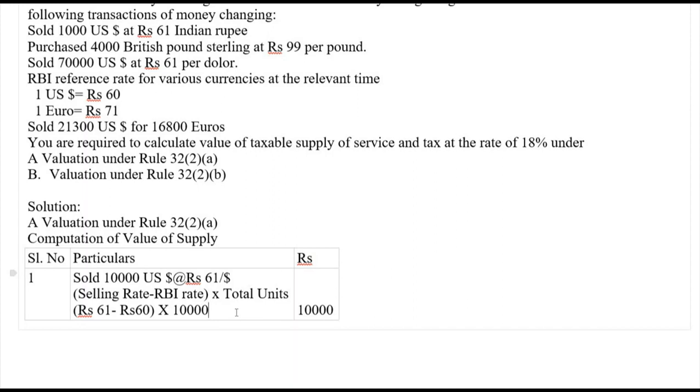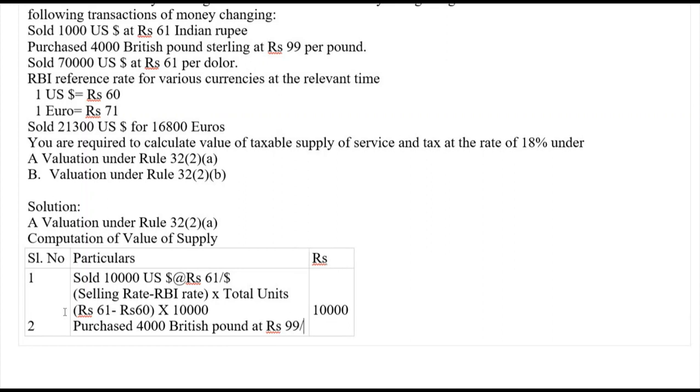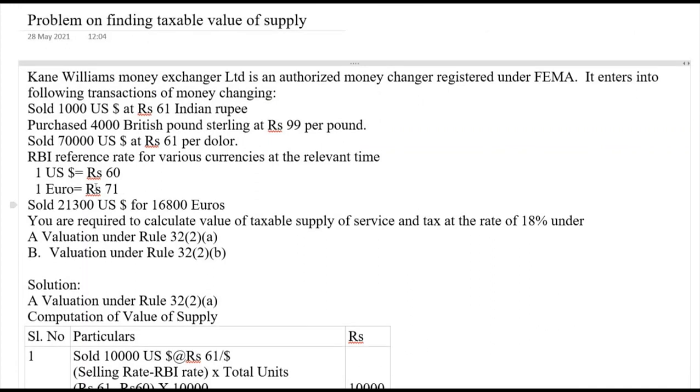Then similarly the next one comes here, number 2, purchased 4,000 British pounds at rupees 99 per pound. Now let us check. We have not been given the rate of pound here, right?